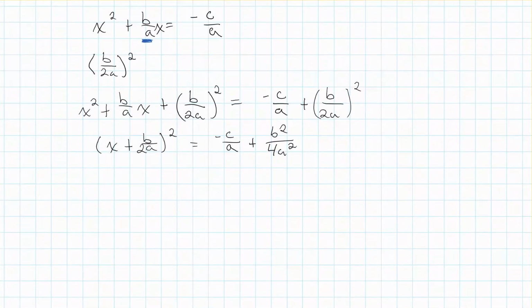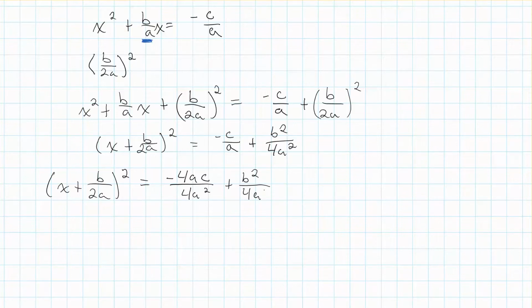My common denominator is going to be 4a squared. So the left-hand side is still x plus b over 2a quantity squared. And then the right-hand side is going to be negative 4 times a times c, and then this denominator would be 4a squared. And again, all I did was multiply by 4a over 4a plus b squared over 4a squared.